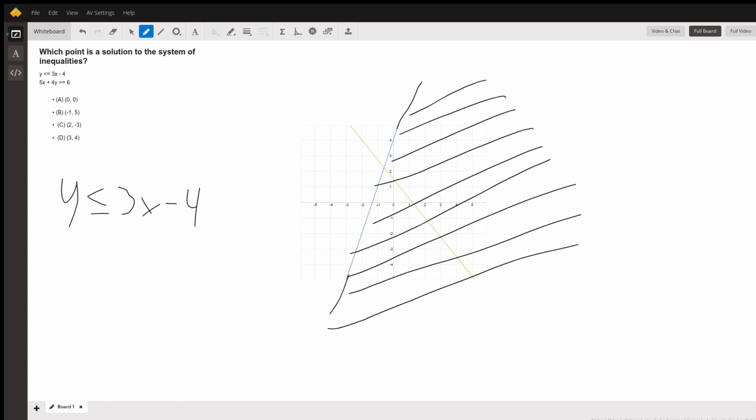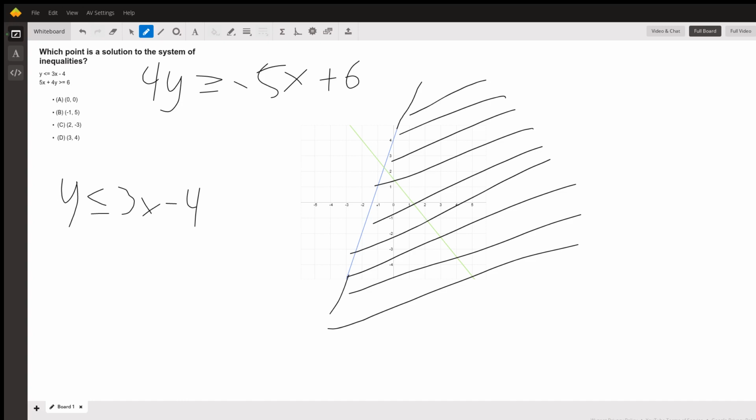And we can go ahead and do that with the second inequality. They just threw in a little wrinkle, and that is they just didn't solve for y. No biggie. I'll go ahead and do that for us now. We'll start by subtracting 5x from both sides. So we have 4y is greater than or equal to minus 5x plus 6.